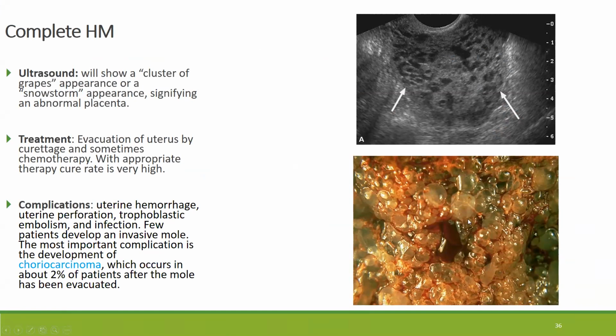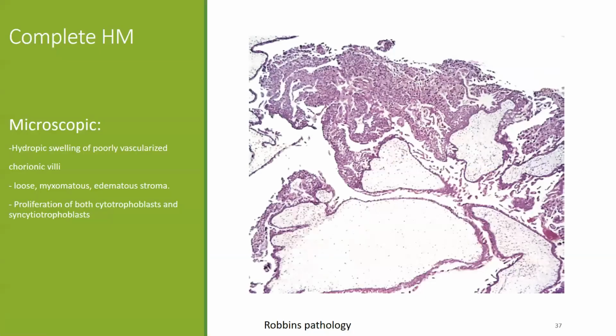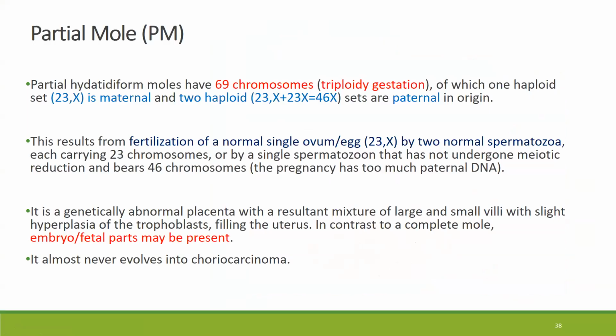Histologically, we see big, edematous villi with cytotrophoblastic as well as syncytiotrophoblastic hyperplasia. The edematous, big villi are outlined by hyperplastic syncytiotrophoblast and cytotrophoblast.